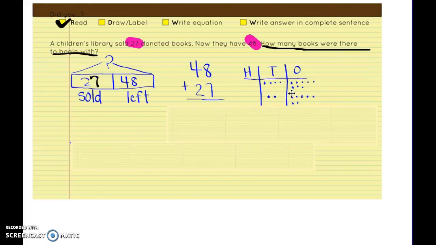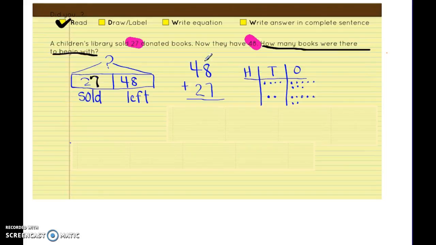In the number 27, I know that I have 7 ones. So I drew 5 ones in one row. Then I added 2 more to give me 7. Now I know that I have 2 tens. I drew 2 tens. The next strategy I need to use here is to see if I can make any bundles of 10.